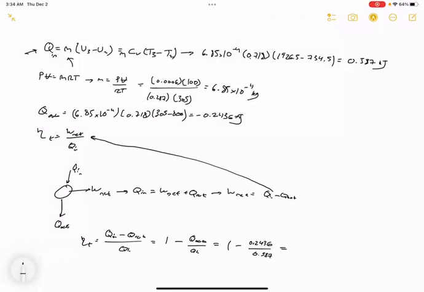This gives us 58.5% thermal efficiency. That means that of all the chemical energy we're supplying and turning into heat, only about 60% of it is actually being used as work, and the other 40% is being wasted. Okay, so that's how we do the Otto cycle.